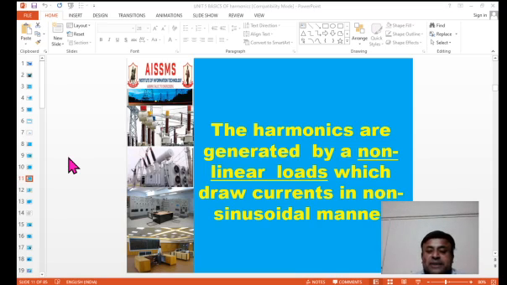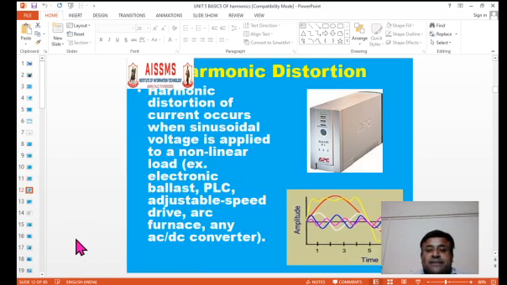So in this way, harmonic currents are generated by nonlinear load, and these currents give rise to what is called harmonic voltage. So the problem of harmonic current and voltage is therefore to be studied and analyzed.